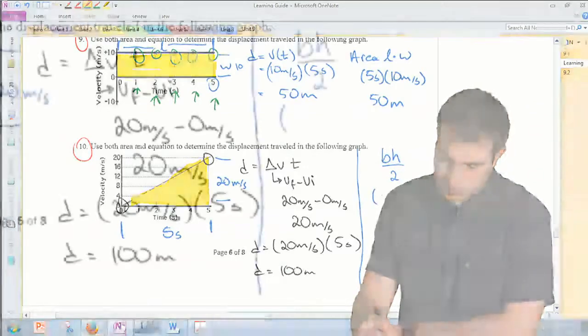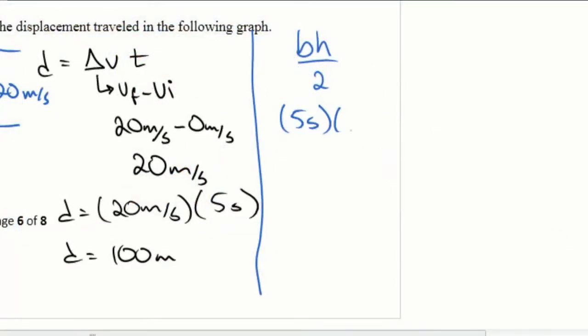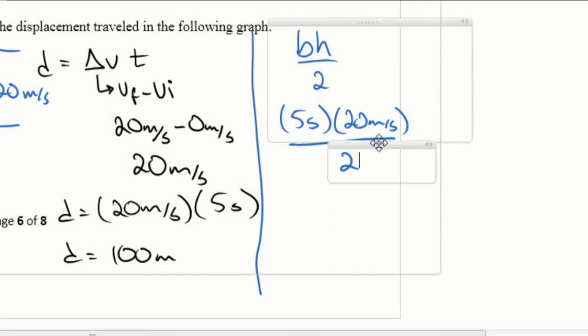So I'm going to have base is 5 seconds, height is 20 meters per second. I'm going to divide that by 2. What am I doing wrong? Base 5, height 20.